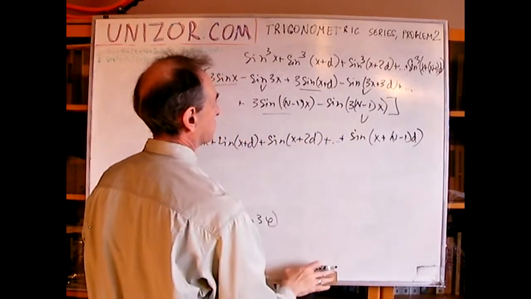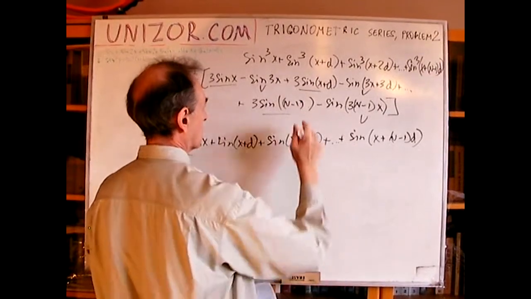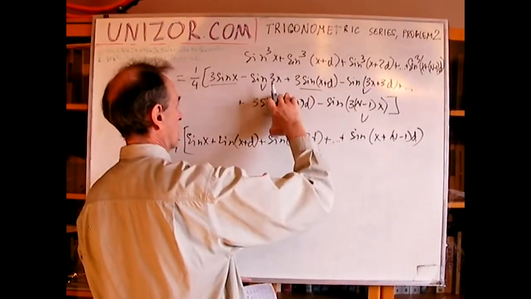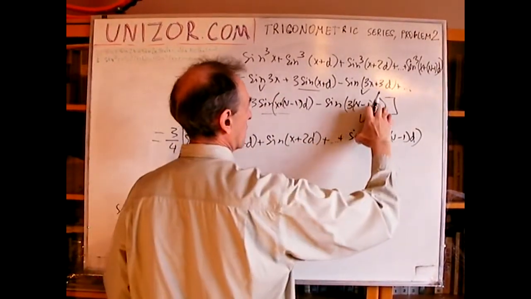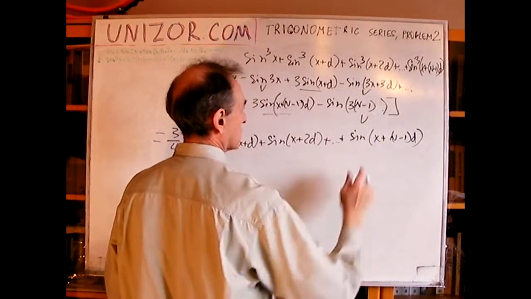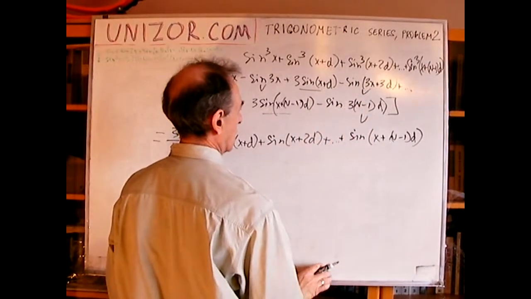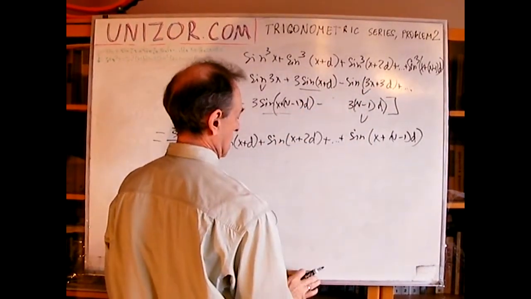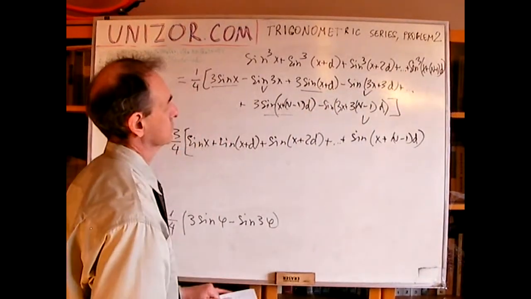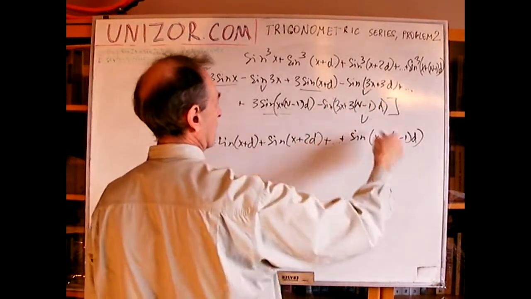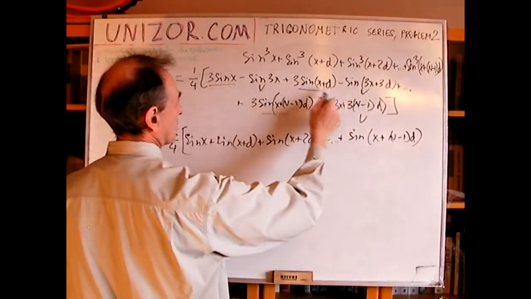Oh yeah, I have made a mistake here. It's d, and this is plus x. And same here. This is d, and this is x, right? Yeah, that's better.